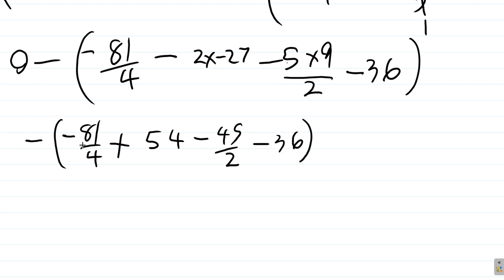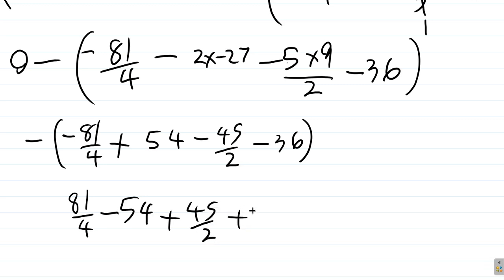When you open the bracket, remember the negative outside the bracket is like a negative 1 multiplied by each term in the bracket, so the signs change. The negative becomes positive, the positive becomes negative. It's a positive 81 over 4 minus 54 plus 45 over 2 plus 36. What will all of that amount to?